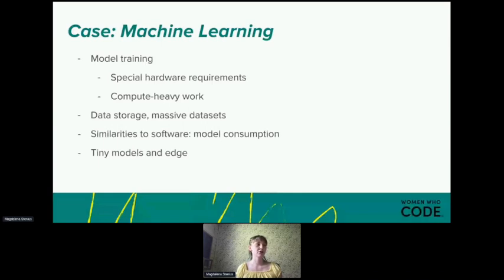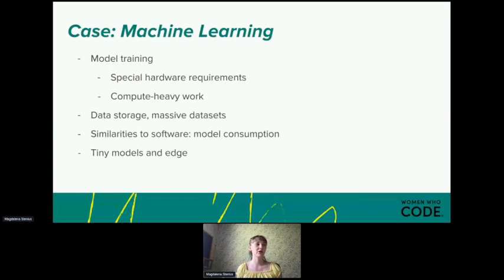This is called model training. Model training is an iterative process where you are running the data into the model over and over and trying to get it to learn from that data. And this is very compute heavy work, so you need a lot of compute power to do the calculations that it takes.